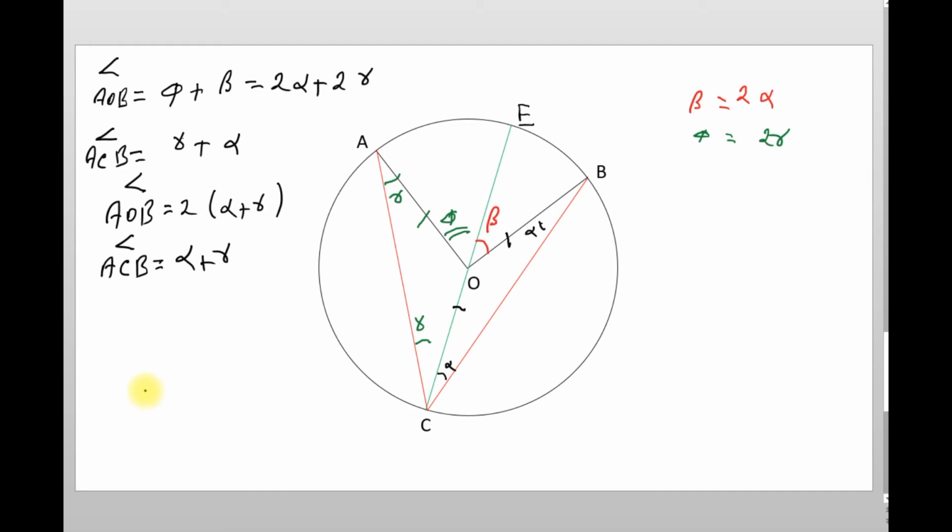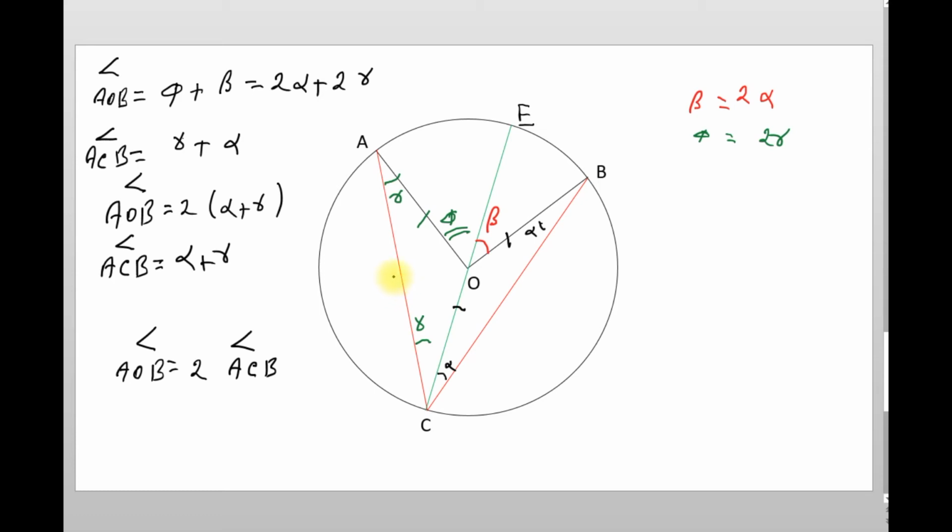Comparing the two, we will see that the angle AOB is equal to twice the angle ACB, which completes our proof. That means the angle on the circumference is equal to half the central angle subtending to the same arc.